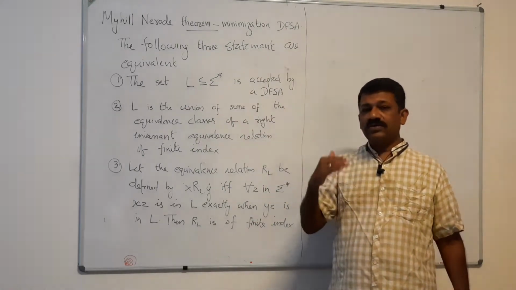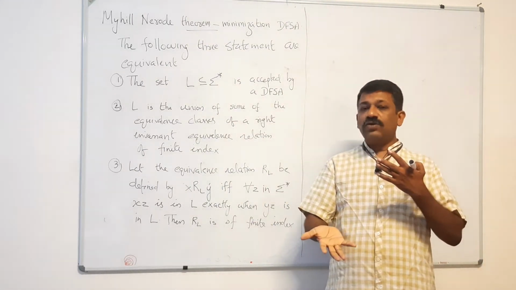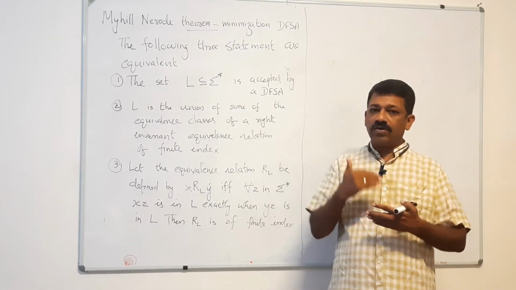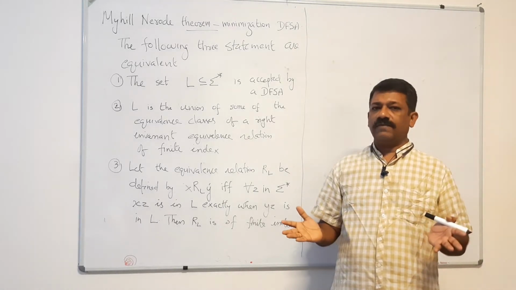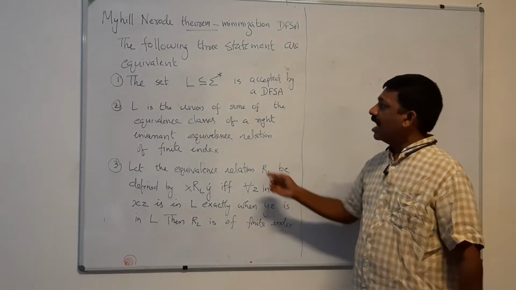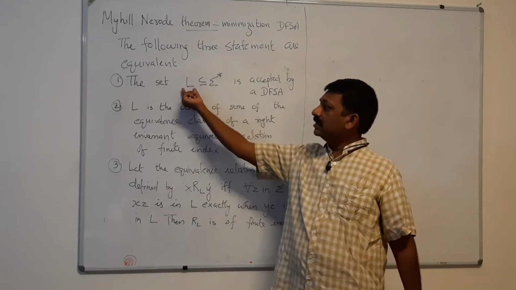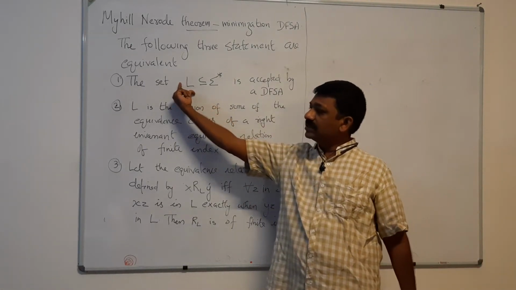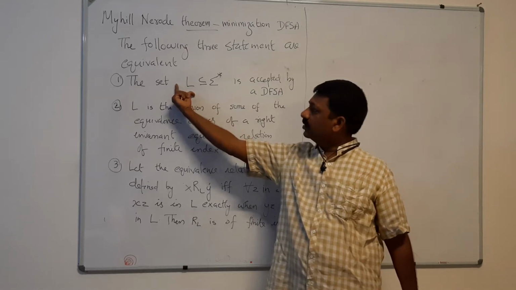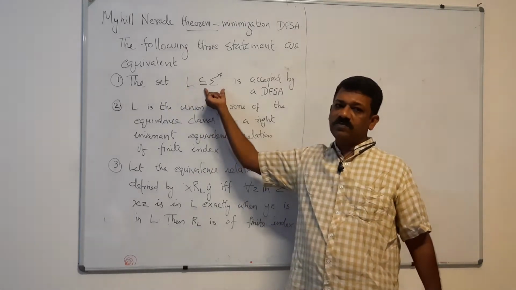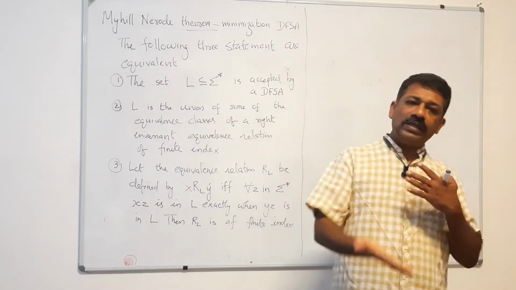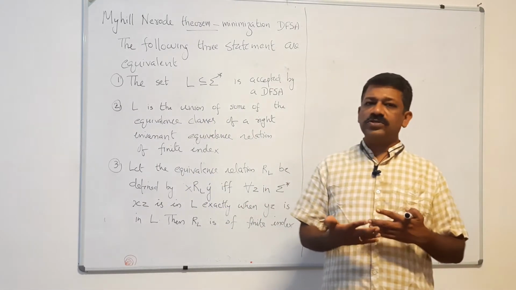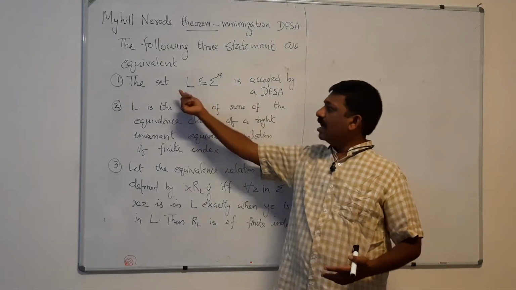Sigma star means you are taking 0 or more symbols from that and creating a string. And that is the language which is accepted. The language accepted is a subset of sigma star. Sigma star means you are permuting and combining all the possible symbols from sigma.